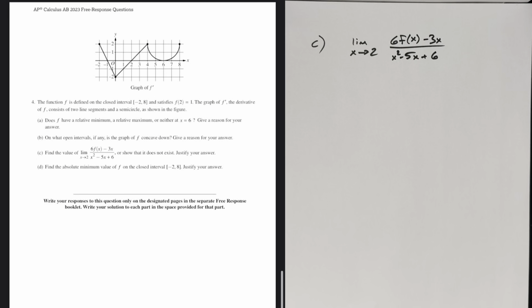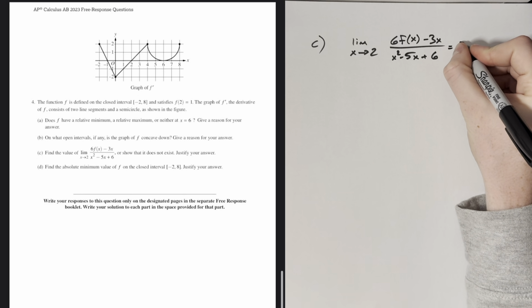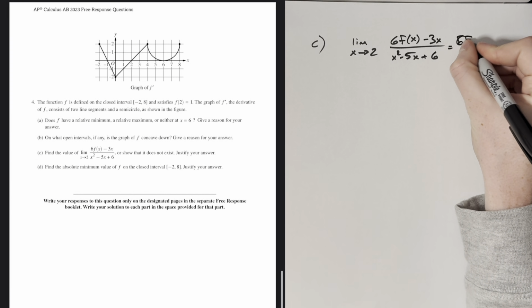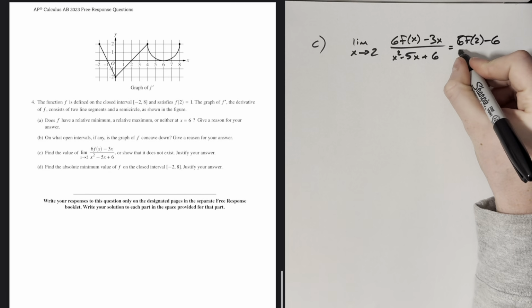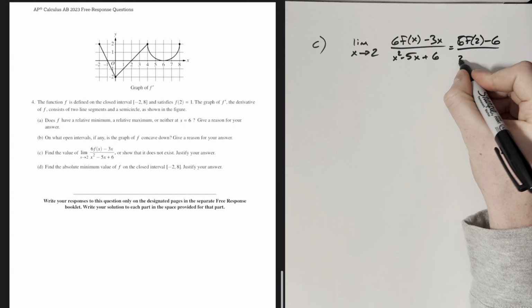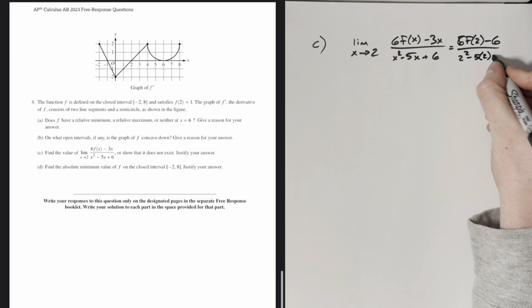Okay, well, we have a limit, right? We know our very first step to solving a limit is direct substitution, right? Just plug it in. So if I plug in 2, I get 6 f of 2 minus 3 times 2, which is 6, divided by 2 squared minus 5 times 2 plus 6.